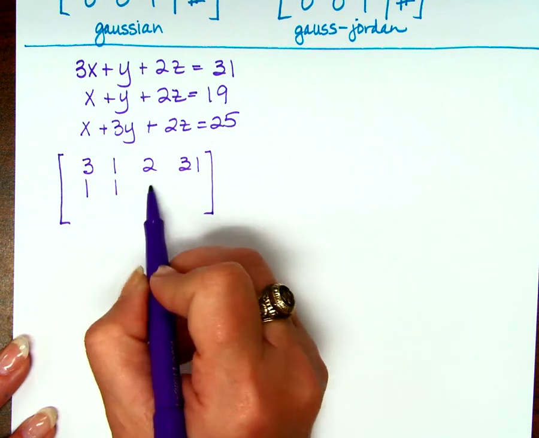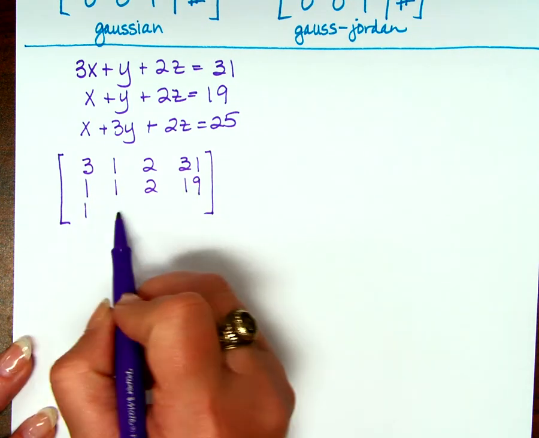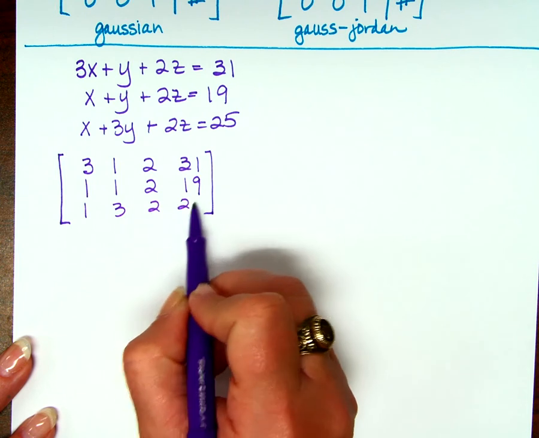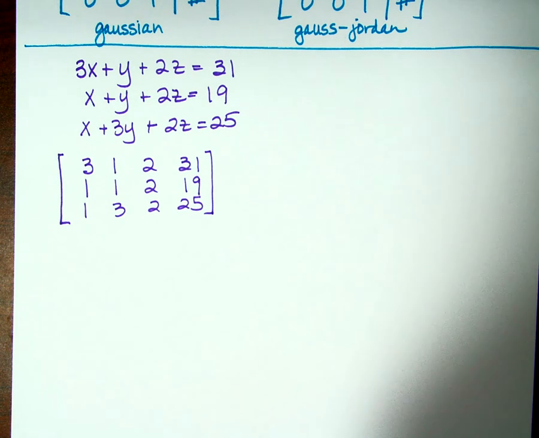And 1, 1, 2, 19. And 1, 3, 2, 25. Okay? Now, what do I need in my top left-hand column? A 1.